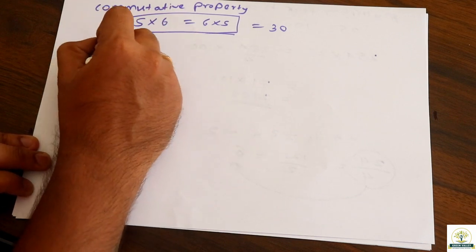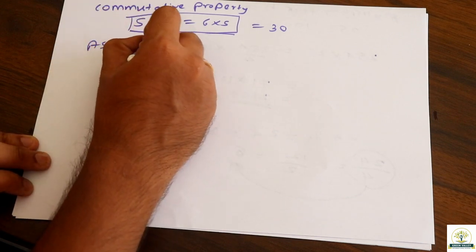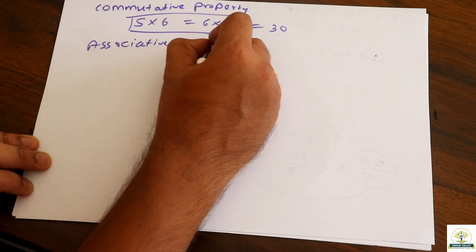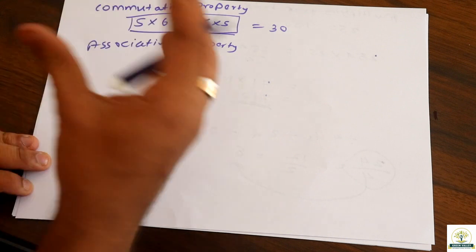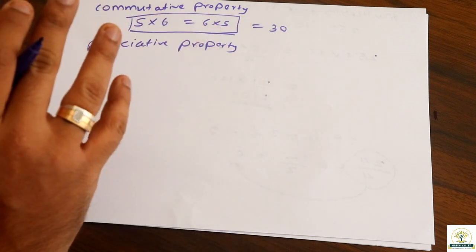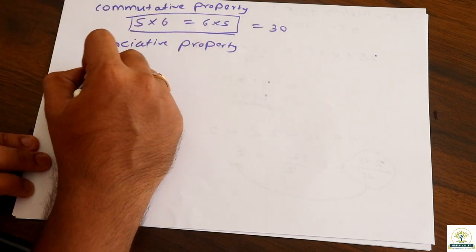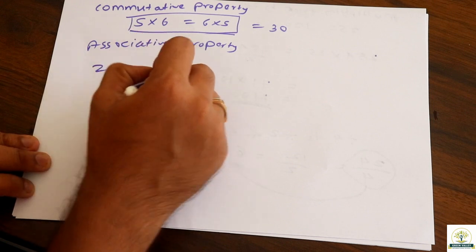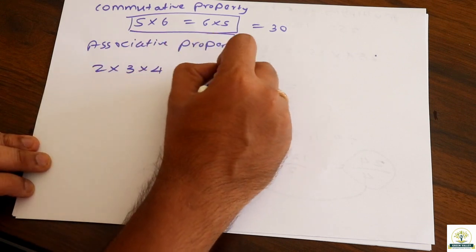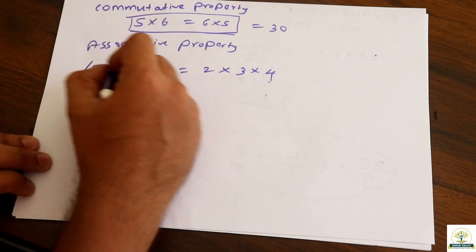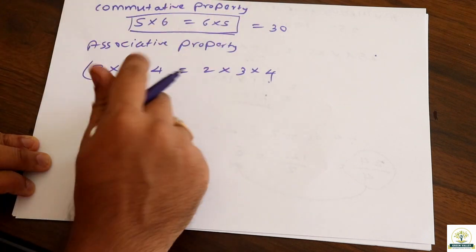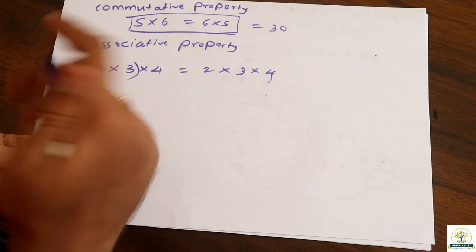Then there is the associative property, which says you can group the numbers in any combination. For example, if I multiply 2, 3 and 4, there are three ways to do it.